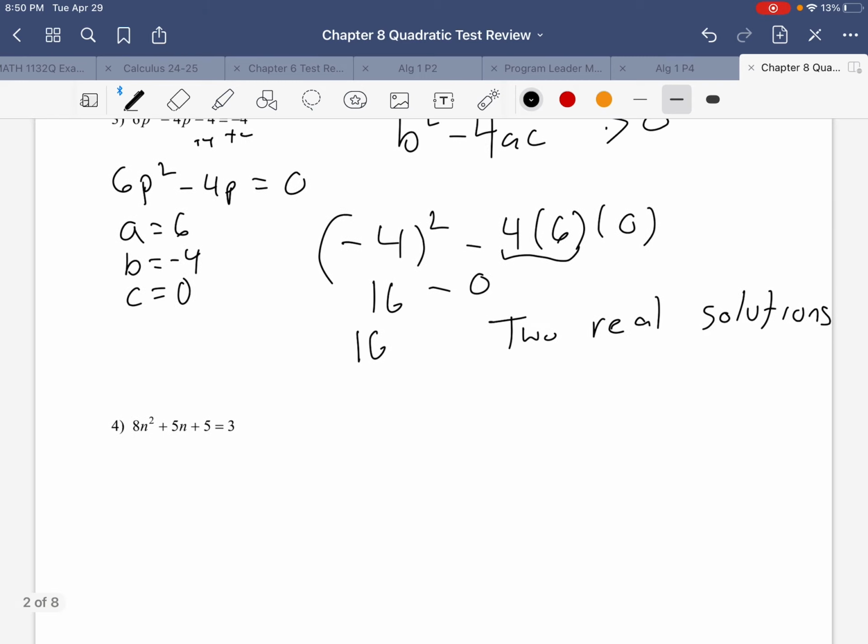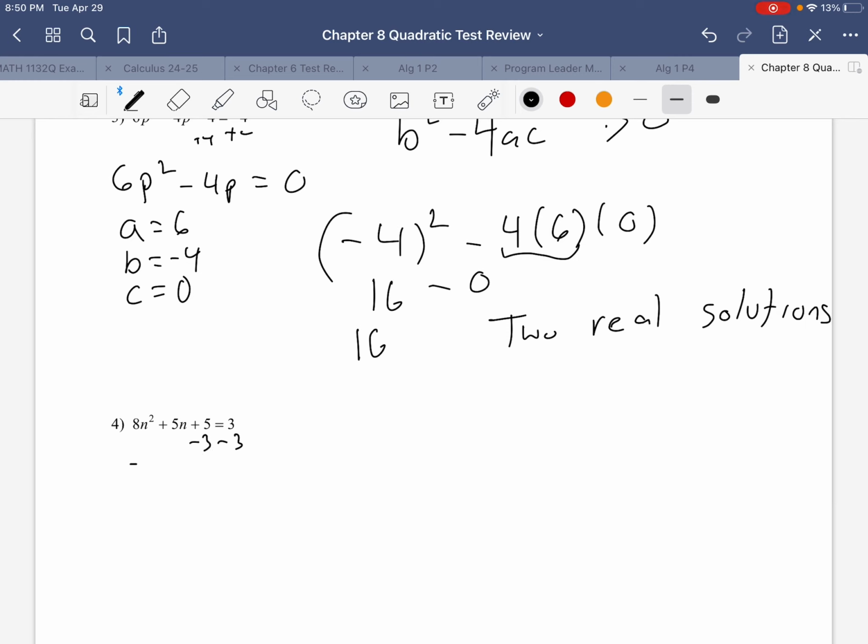In number 4, I'm going to subtract 3 on both sides of the equation. 8n squared plus 5n plus 2 equals 0. Again, referencing this is ax squared plus bx plus c.